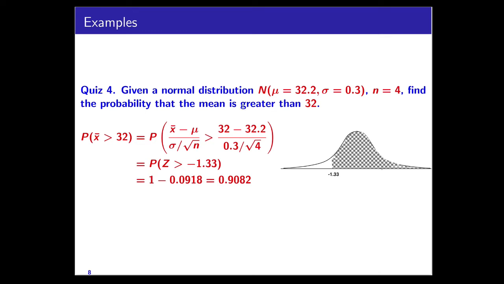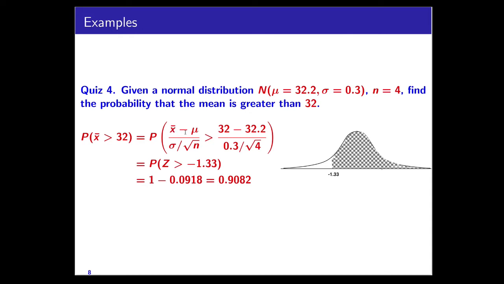So you see the keyword is greater than. And step number 1, we write down the probability statement. So it's the probability of x bar greater than 32. Step number 2, we use the z-score formula to standardize x bar into a z-score.